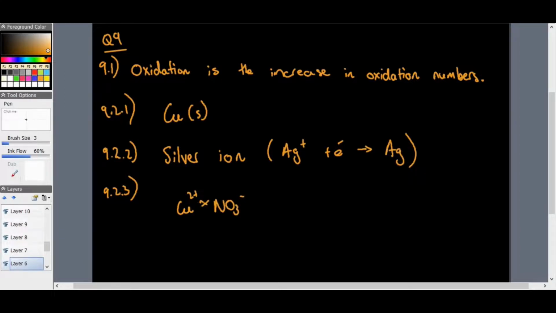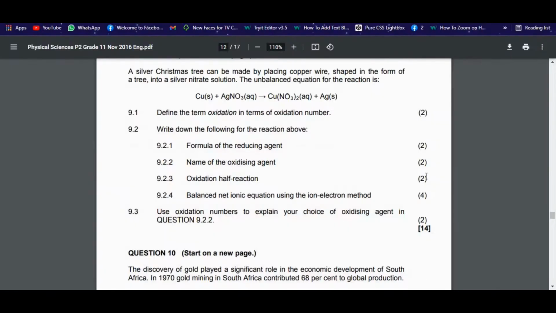So they cross over to yield Cu(NO3)2. That's how they formed. Just make the eraser size bigger, sorry. So therefore we've got to go find the copper 2 plus half reaction.